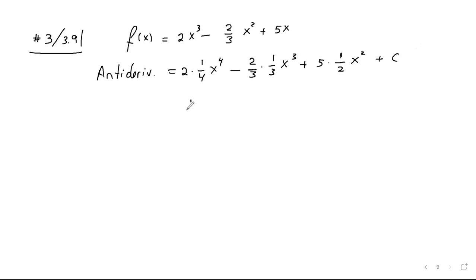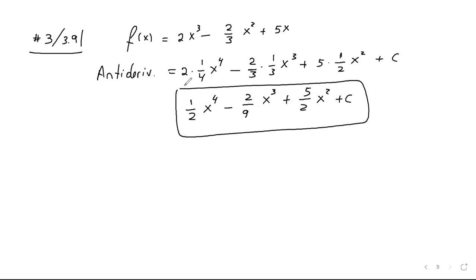So this is 1/2 x to the 4 minus 2/9 x cubed plus 5/2 x squared plus c. All right, there's the antiderivative.